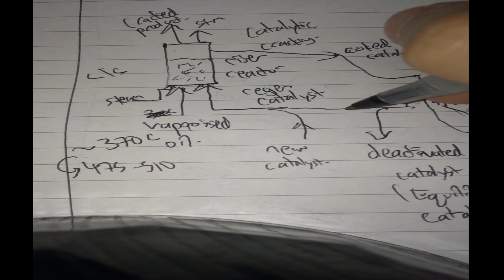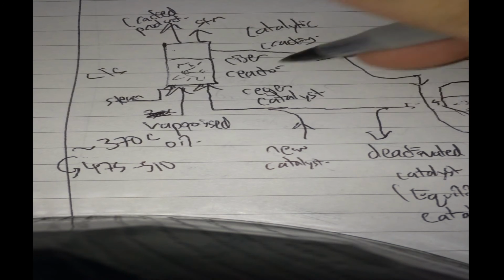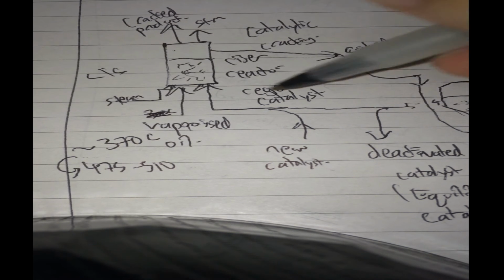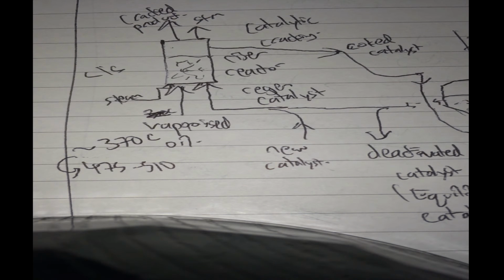And of course, the other parameter is the catalyst recycle rate. The catalyst recycle rate will actually alter the catalyst to oil ratio. If you have more catalyst to oil, you're going to have more catalytic cracking happen rather than thermal cracking.